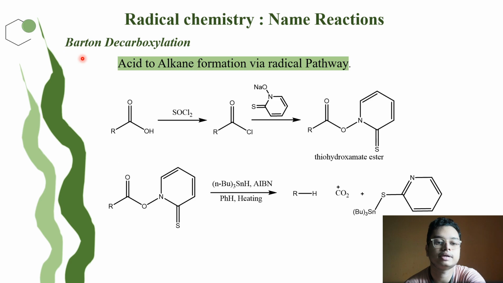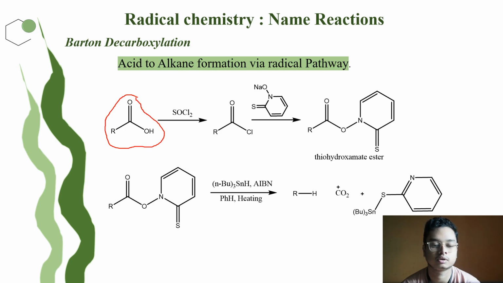The next name reaction is the Barton decarboxylation. Barton decarboxylation is an important reaction where you have an acid moiety and you generate an alkane moiety from the acid derivative. So Barton decarboxylation is one of the useful reactions for that transformation. Initially the carboxylic acid moiety is treated with SOCl2 to generate the acid chloride.